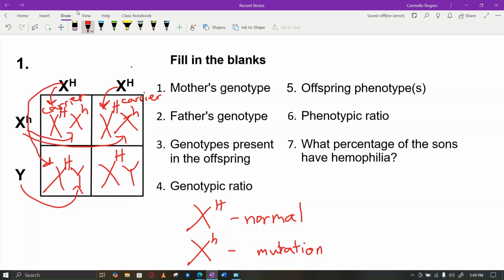Now, what we see in this cross, let's go ahead and start filling in our blanks, or have your scratch paper handy, and you can go ahead and put in your answers. The mother's genotype is at the top here. We'll add that in. The father's genotype is on the side. The father is an affected individual, so he does have hemophilia.